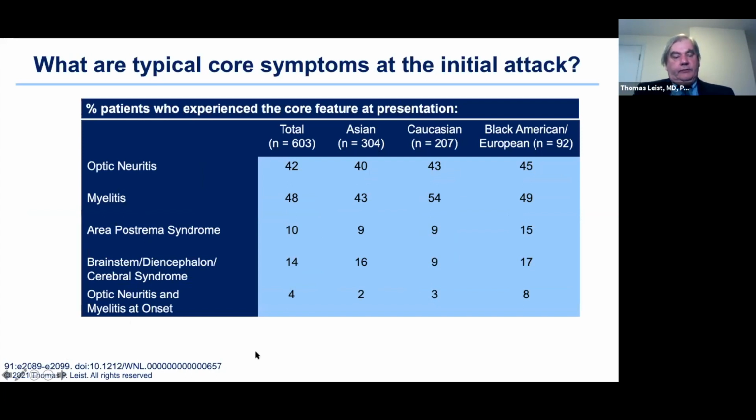So looking at what presentations are there over a lifespan of a person, you see over here that early on this is mostly optic neuritis and myelitis right at the beginning of the presentation.